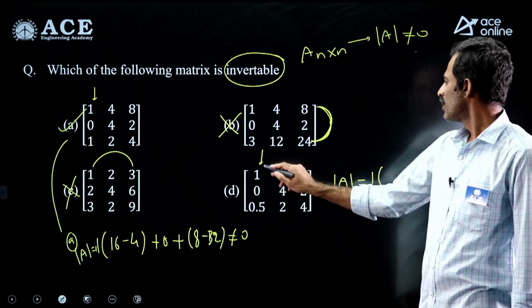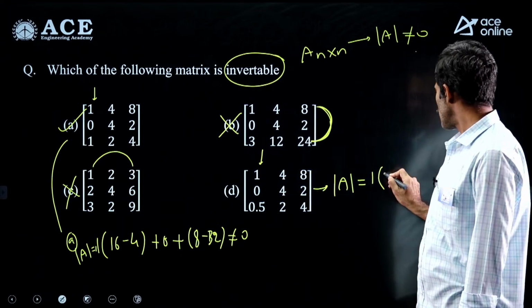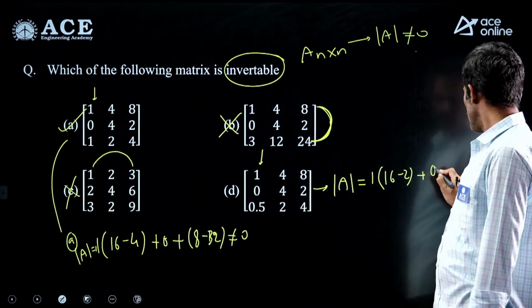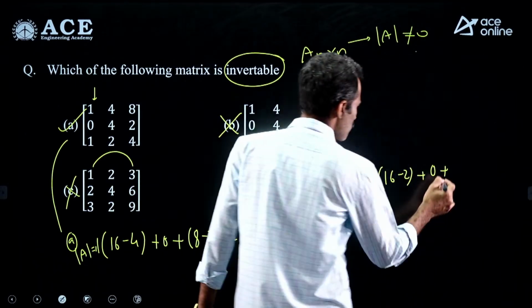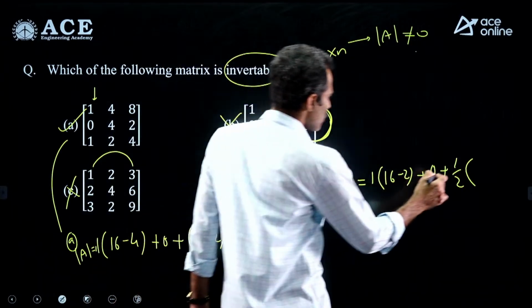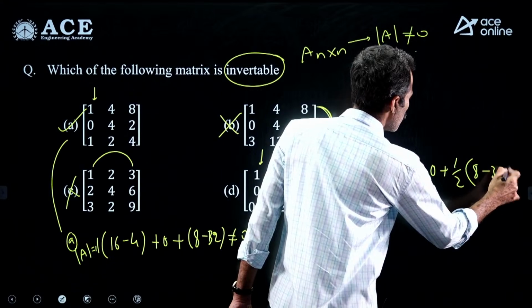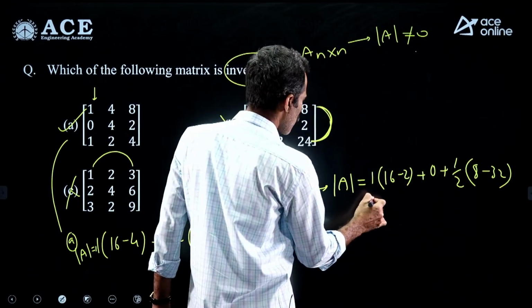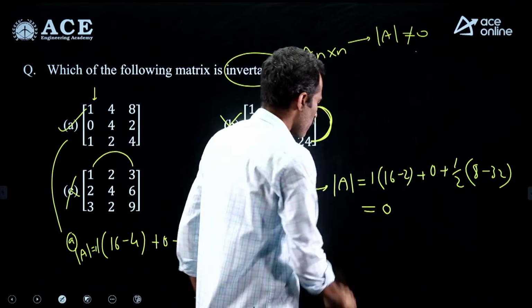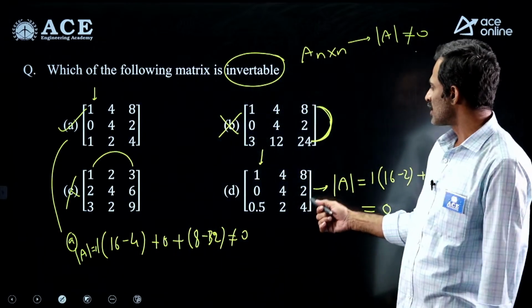1 into 16 minus 2, plus 0 into something, 0, plus 0.5 or 1 by 2 into 8 minus 32. Again, the sum of all this is 0. So this matrix is also singular.